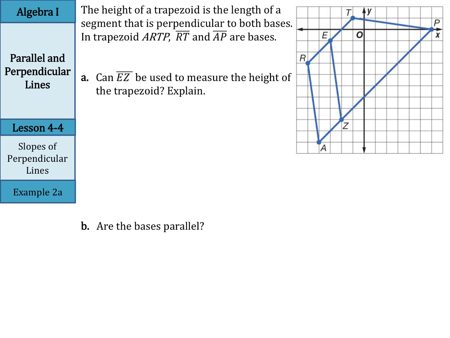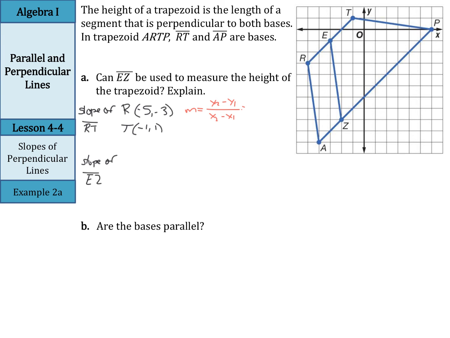So we have a couple of things we need to find here. We need to calculate both the slope of RT and the slope of EZ. Remember, for lines to be perpendicular, their slopes need to be opposite reciprocals. If we pull off points R and T, R is at (-5, -3) and T is at (-1, 1).